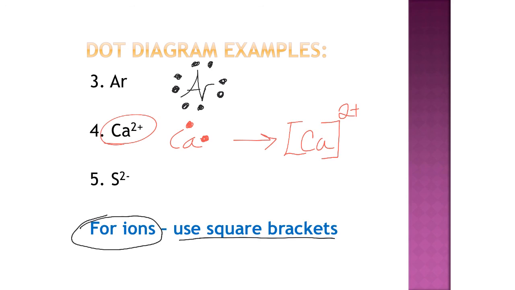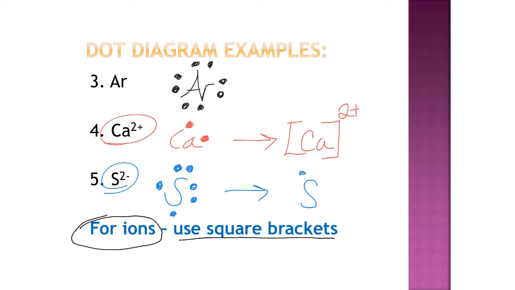Okay, number 5. Sulfur with a -2 charge. So first we have to think about regular sulfur, and you could do this part in your head, or you can write it down. Regular sulfur, so the sulfur atom, has 6 valence electrons. -2 means it has gained 2 electrons.